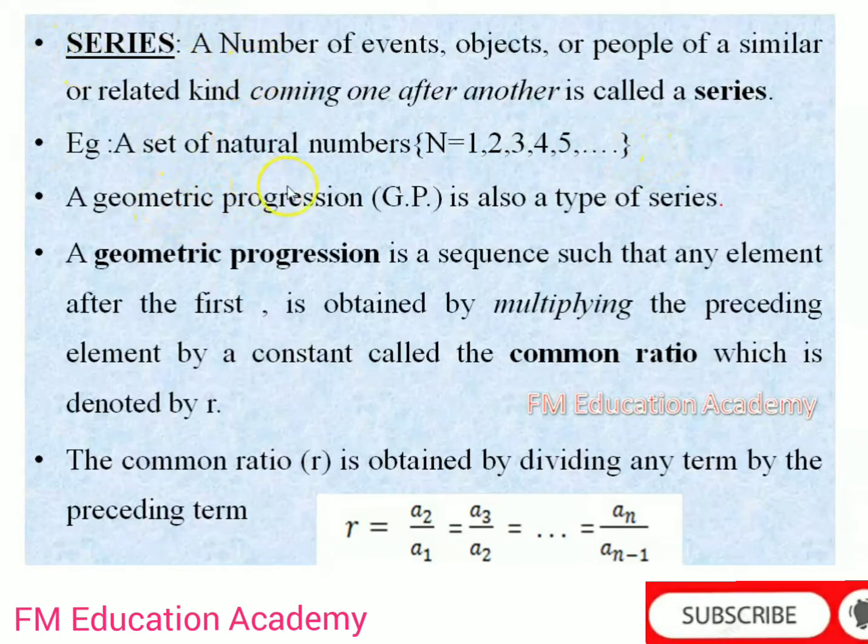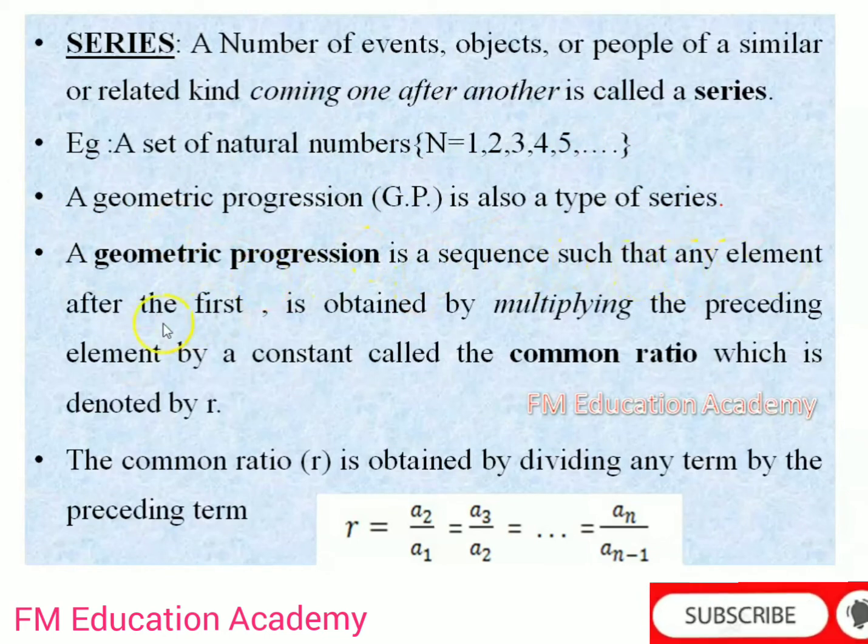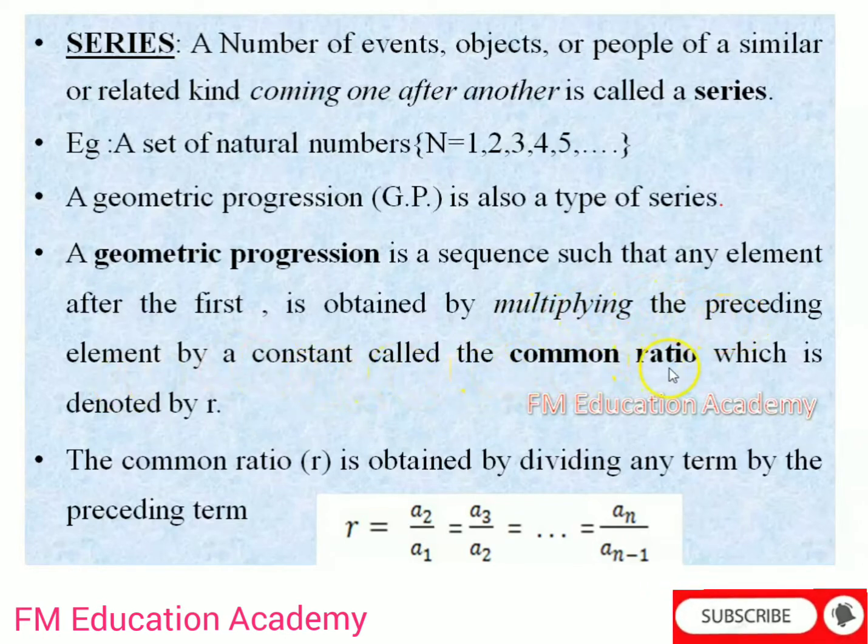Now, what is a geometric progression? The short form of geometric progression is GP. A geometric progression, or GP, is also a type of series, that is, it should also have some pattern. A geometric progression is a sequence such that any element after the first is obtained by multiplying the preceding element by a constant called the common ratio, which is denoted by r.